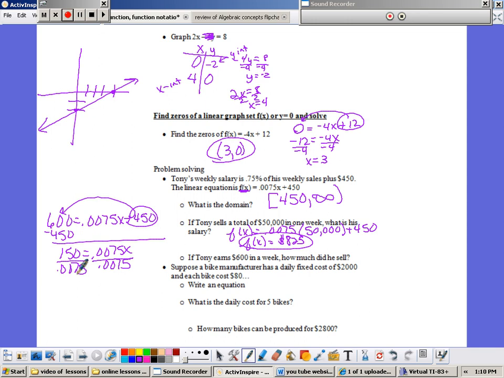So 150 divided by 0.0075 gives me 20,000. So he must have sold $20,000 in sales. So it's just where you're putting it in. You have to understand that f of x is just y, and whatever y's value is, that's where you would plug that in. And x, of course, is your x.